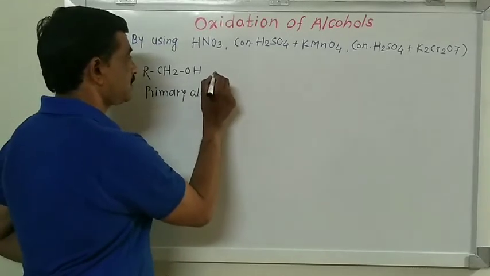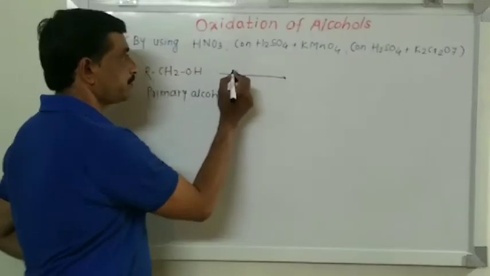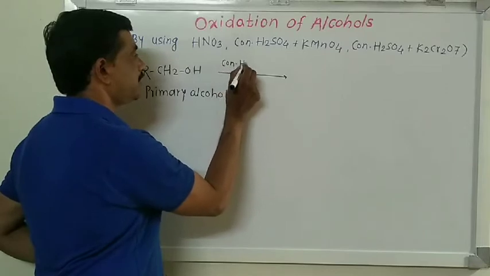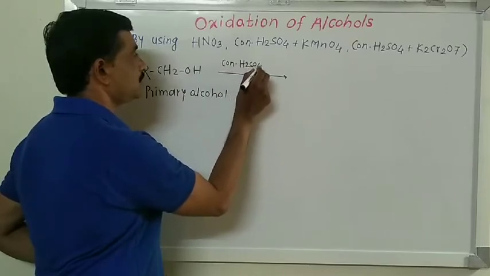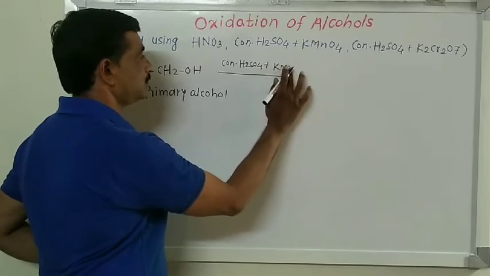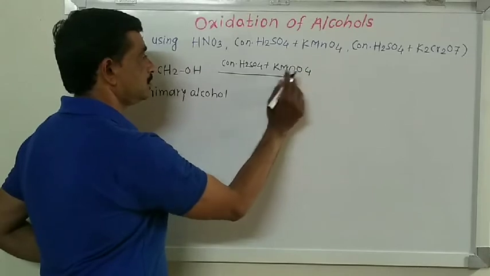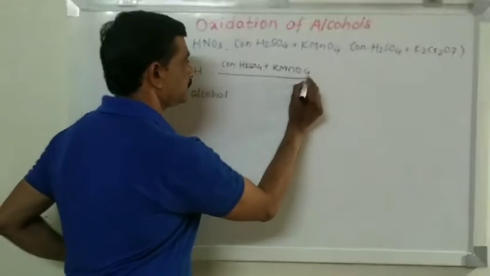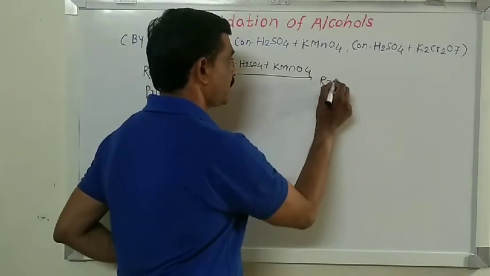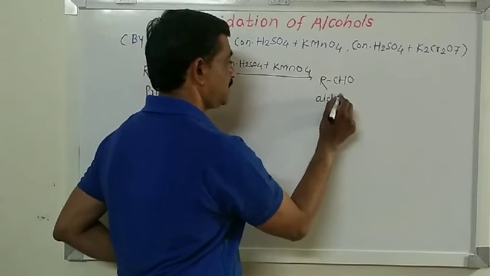When they are oxidized by using a mixture of concentrated H2SO4 plus KMnO4, then they first give the compound RCHO, that is aldehyde.